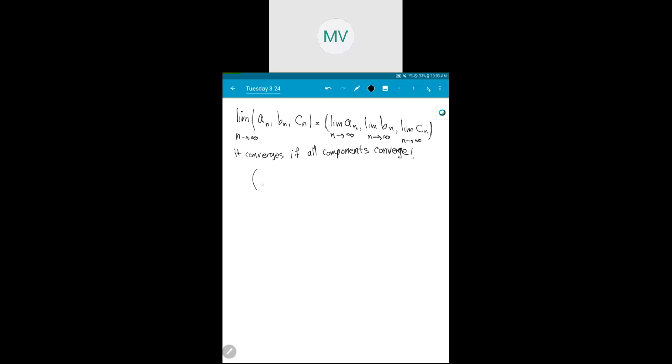You might have a vector of 1 over 2 to the n, 1 over 3 to the n, n over n plus 1, and negative 1 to the n. This one converges to 0, converges to 0, converges to 1. That one diverges. The limit doesn't exist, right?